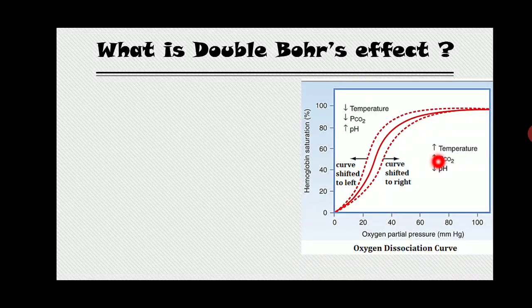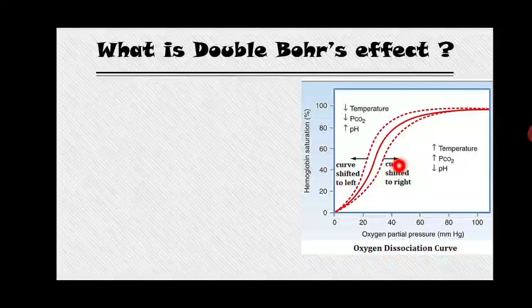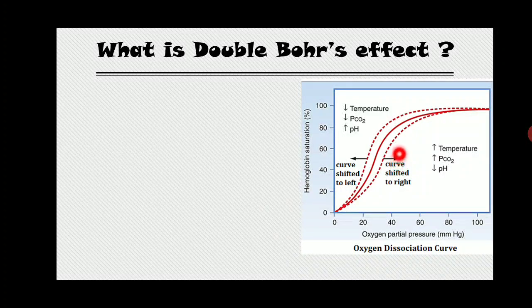Whenever there is a higher amount of carbon dioxide, it leads to release of oxygen from the hemoglobin, and the curve shifts to the right. On the other hand, if the affinity of hemoglobin to bind with oxygen is increased, then the entire curve shifts to the left side. This occurs whenever there is a decreased partial pressure of carbon dioxide.